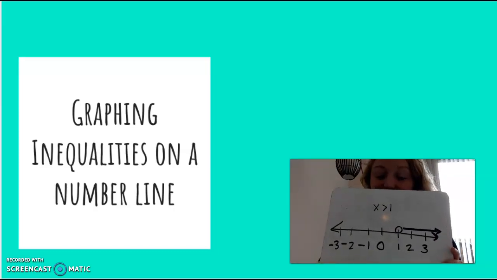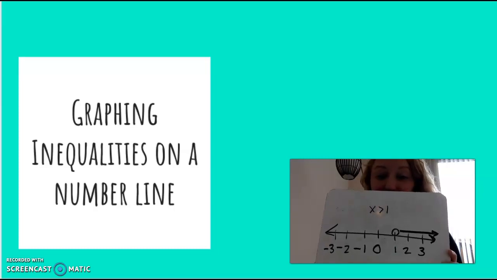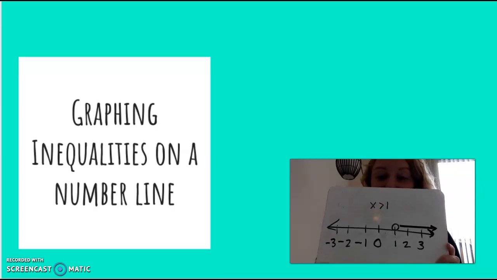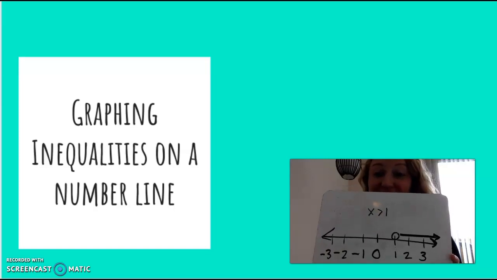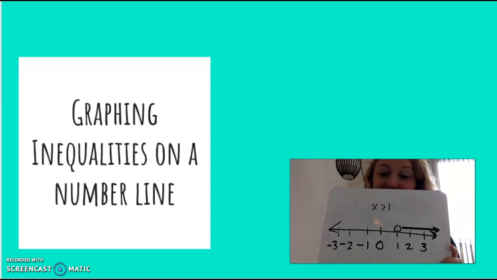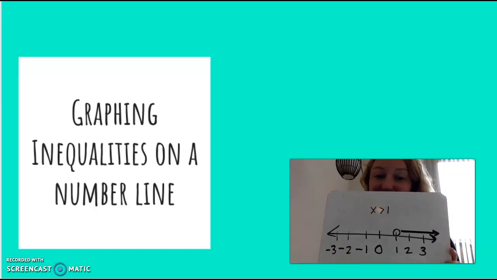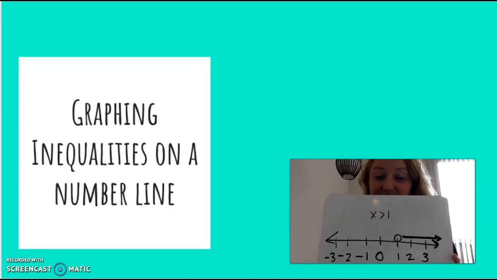X is greater than 1, so it could be anything bigger than 1. Could be 2, it could be 3, it could be 3,000, it could be 2.5 million. Remember, my number line goes on forever and ever. So that open circle on the number line shows that 1 is not a possible solution, but anything greater than 1 is.